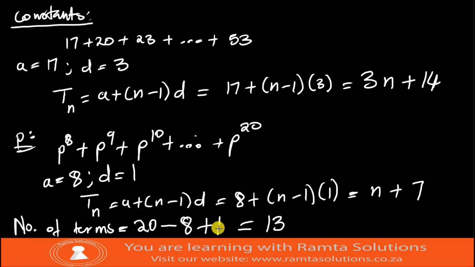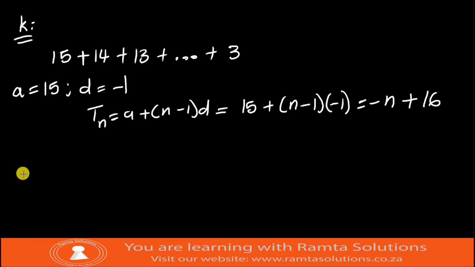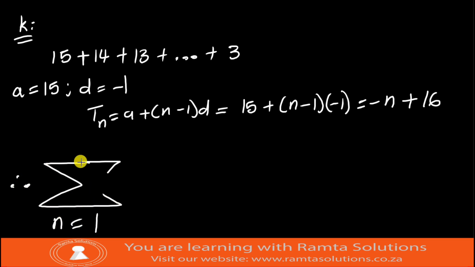So we have said this has 13 terms. With the 13 terms, using the general terms that we just derived, we start counting from 1. So the sigma notation will be, n equals 1, and we end at 13.